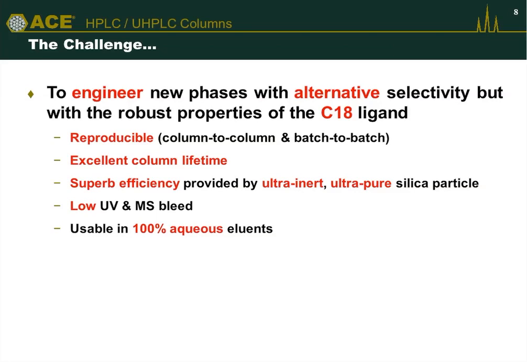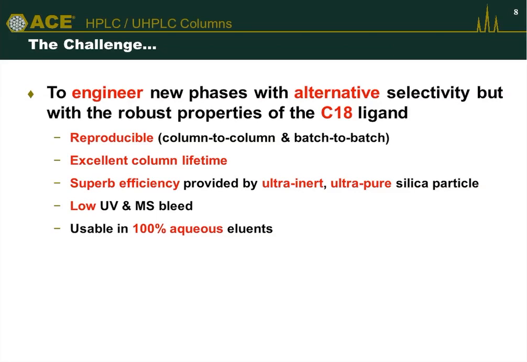In the UV, for instance, when you execute a gradient, you see a rise in the baseline as the percentage organic increases. And sometimes this rise in the baseline can be hundreds of milli absorbance units high from the start of the chromatogram. Now, if you're trying to integrate small peaks at 0.1 or 0.2% level on that rise in baseline, that's very difficult. And also in the mass spec, if you're developing LCMS methods, you will know if you see bleed. You'll see very high background in your mass spec total ion chromatogram, and you can also get signal suppression and variable ionization in the mass spec source.